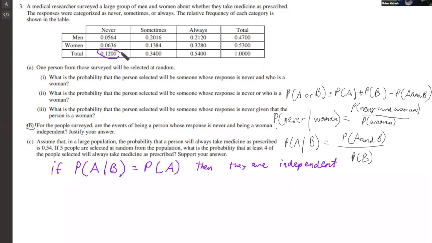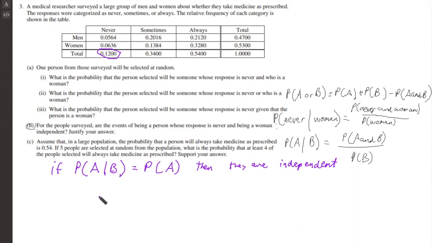So exactly 0.12 of all women answered never, but so did 0.12 of the total. So that equals that. They are independent. And that's literally all you need to state. For these types of problems, you show that calculation, and then you can claim they are or they are not. They don't need anything else there. That's your justification.